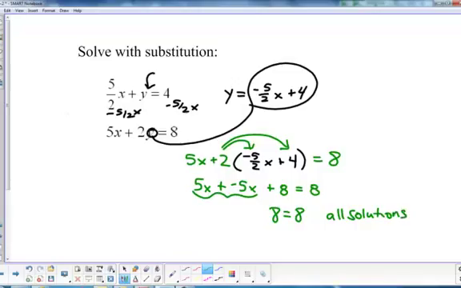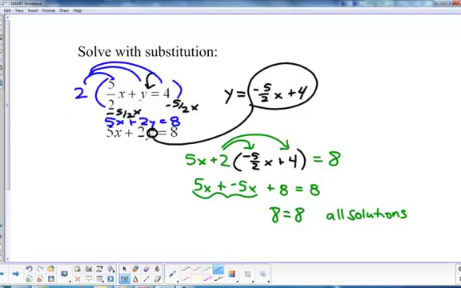That means I can pick any number and plug it in, and it'll work. And the reason that works is because if we multiply this whole thing by 2, then this simplifies if we distribute the 2 to 5x plus 2y equals 8.